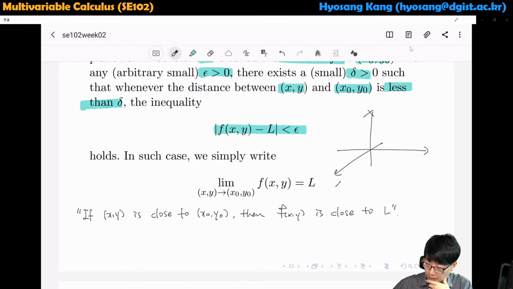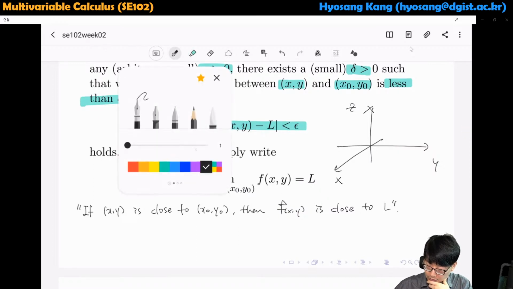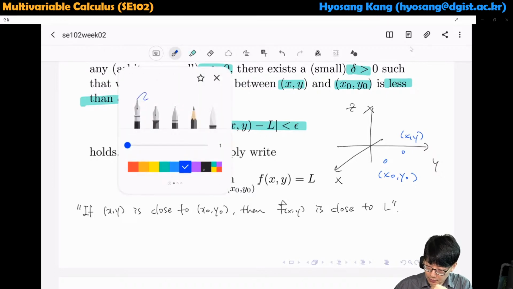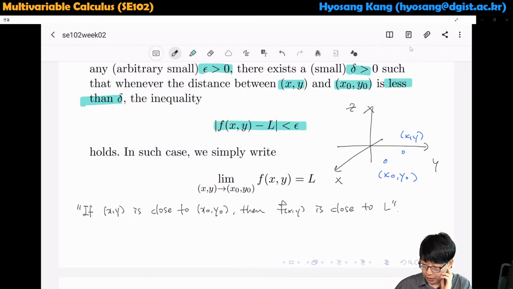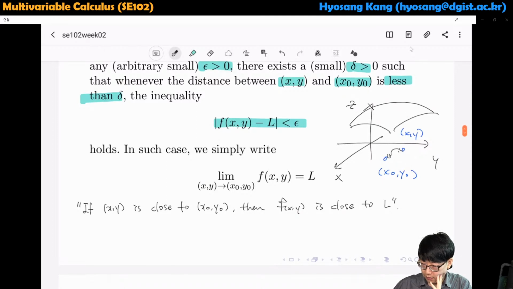So we have x, y, and z coordinates, and here is my (x0, y0), and here's some random point (x, y). Now, intuitively what this means is that if I try to move my (x, y) near (x0, y0), then there is a graph of the function.